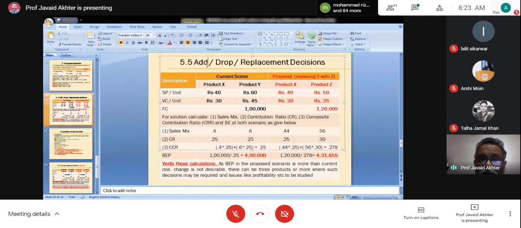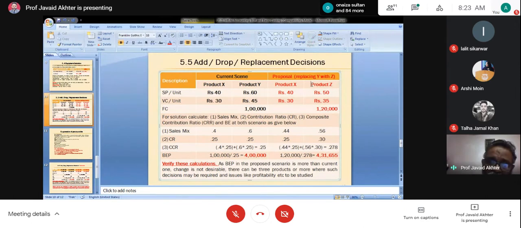If we take add, we have X and Y, we wish to add Z. So the same procedure you will follow, the same way you will be in a position to calculate existing BEP, revised BEP, and take a decision.